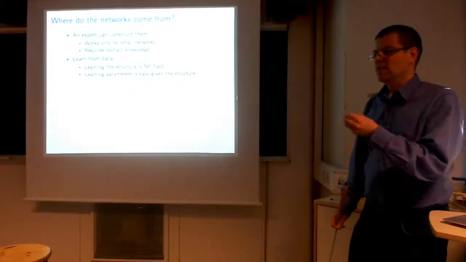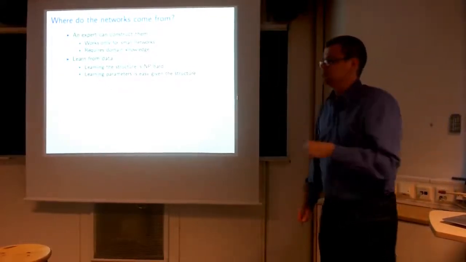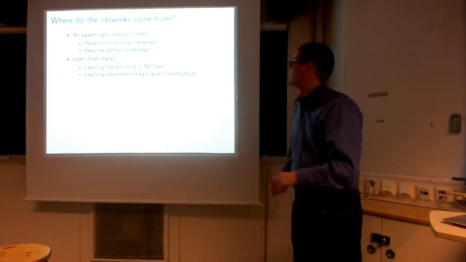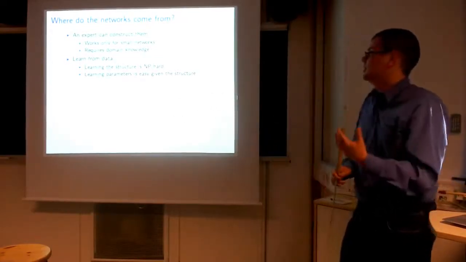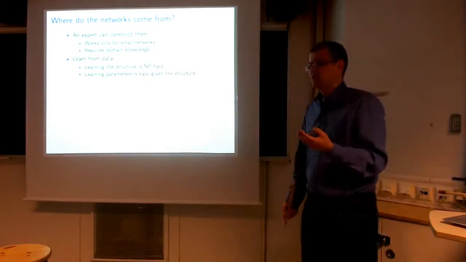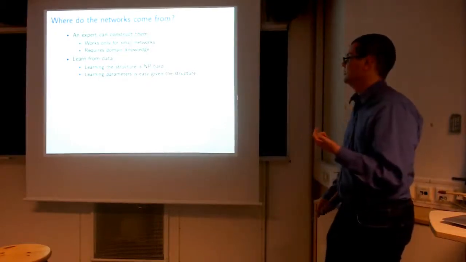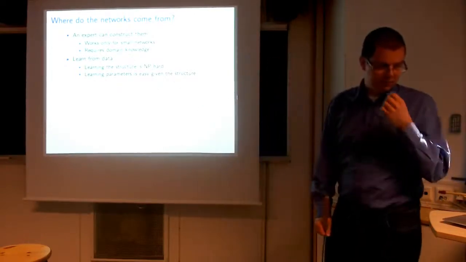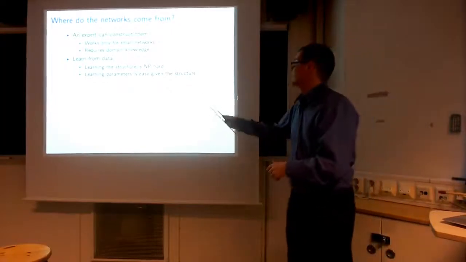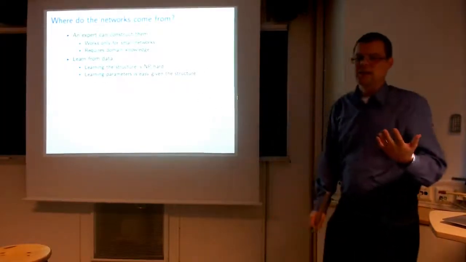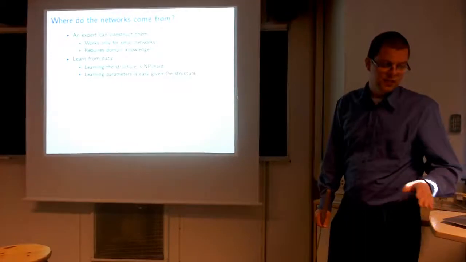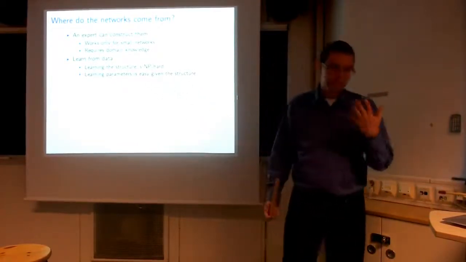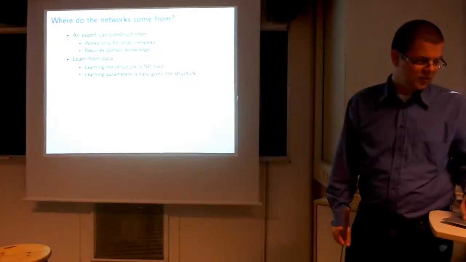Now we have samples from the joint distribution, and we want to learn the network from that data. We have two parts: structure and parameters. The learning of the structure is a hard problem, but when we have the structure, learning the parameters is straightforward. That's why the research now concentrates on learning the structure.